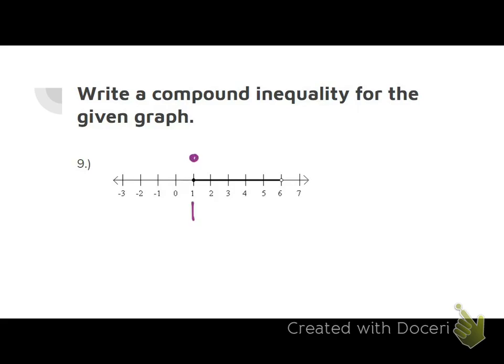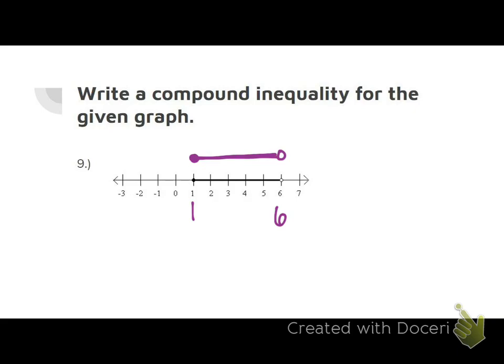At 1, we've got a closed circle. And at 6, we've got an open circle. And we are shaded in between. So if we're shaded in between, is this an and or an or?